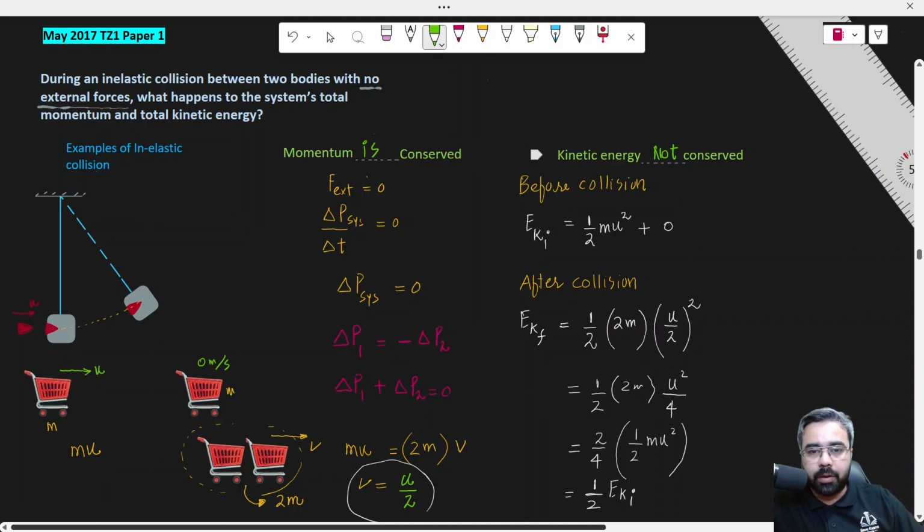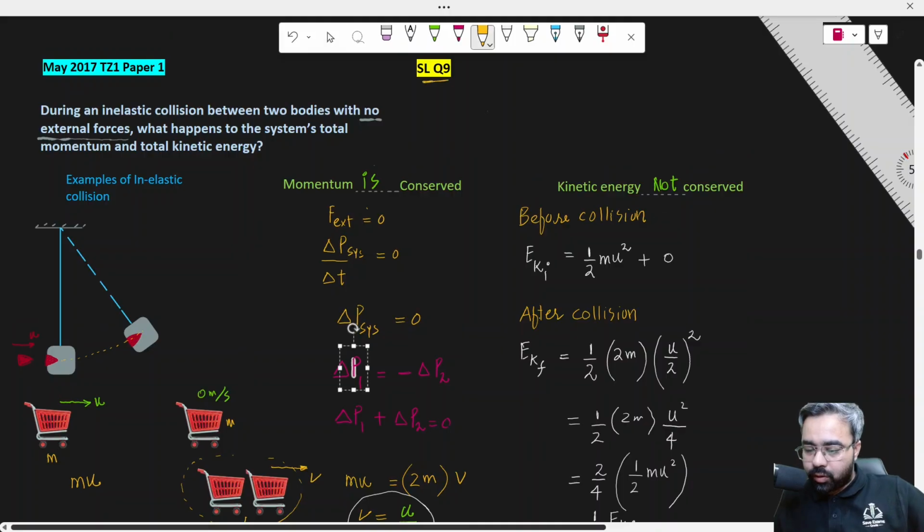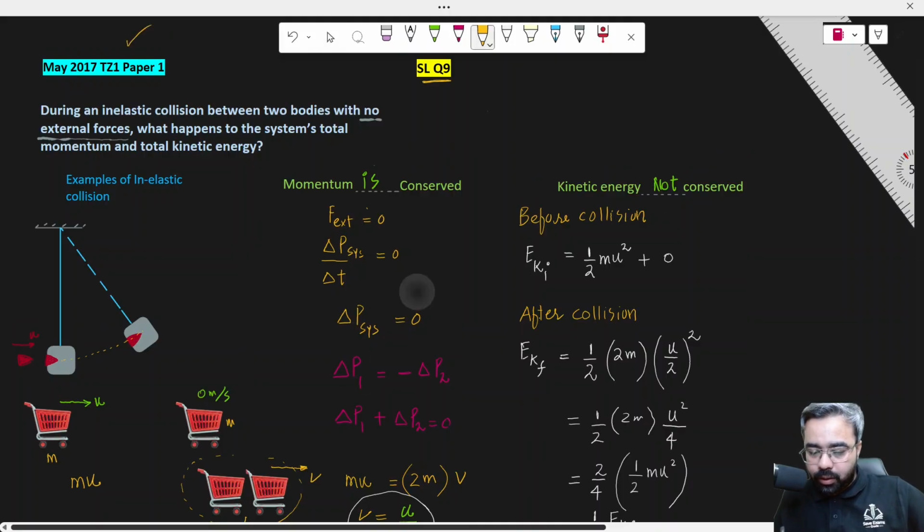In fact, a minor amount of sound and a major amount of heat. So for this question from this exam, option A is correct, which says that only momentum is conserved.